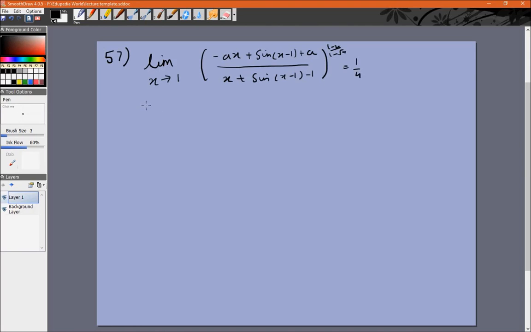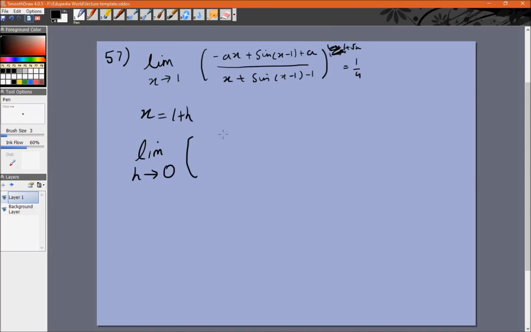So the first thing we'll do is write x is equal to 1 plus h, so we get the limit as h goes to 0. And another thing I'll do directly is (1 − x) / (1 − root x) can just be written as 1 plus root x.